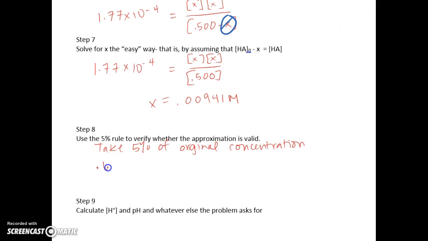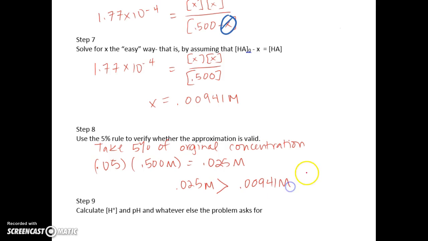So I'm going to take 0.05, which is 5%, times the original concentration of 0.5 molar, and I get 0.025 M. That number, 0.025 molar, must be greater than the 0.00941 molar, which it is.